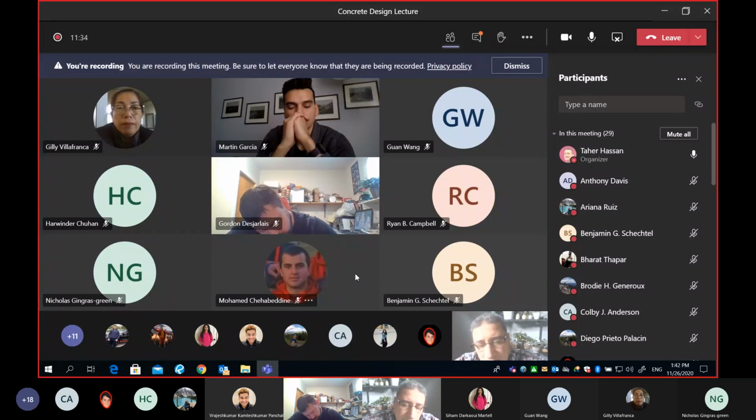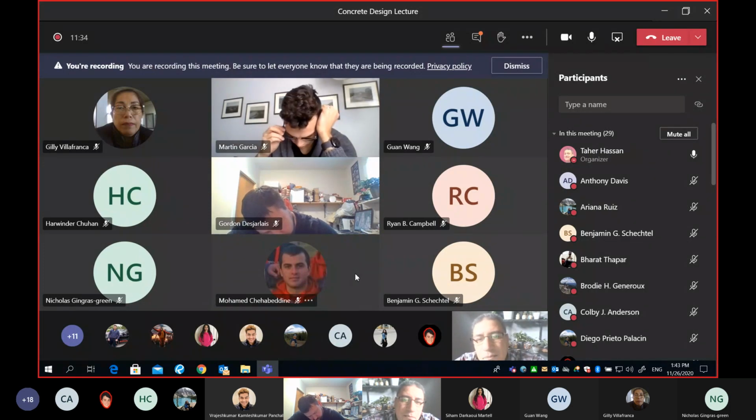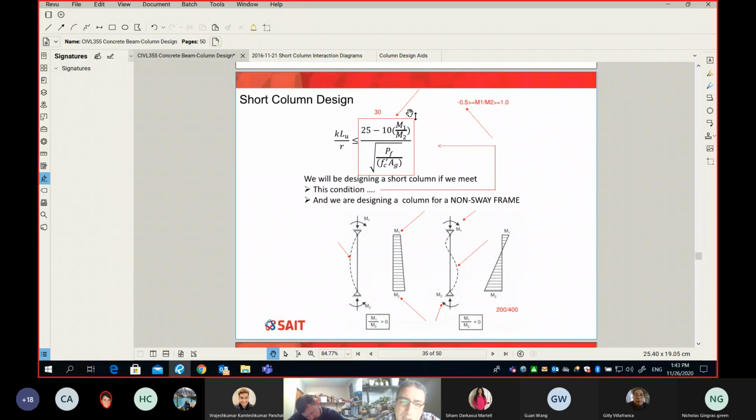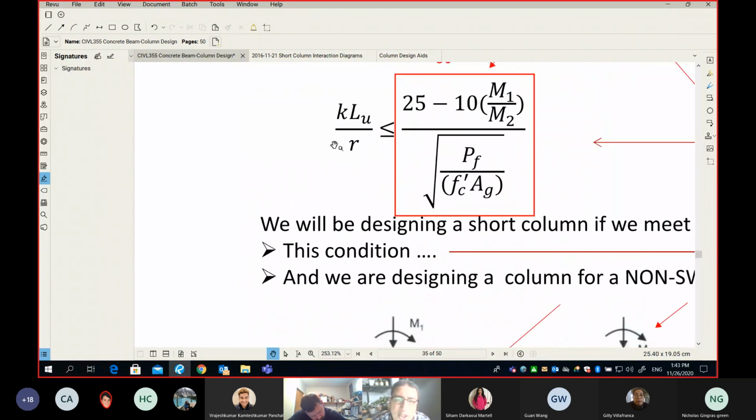Then it means the column is slender. But we want to finish our assignment or our exam. So in this case, what you have to do is do something that makes the condition happen. It means your lambda for your column will be less than the lambda maximum. Look at the math, and the math will tell you. Let me go ahead and do that.